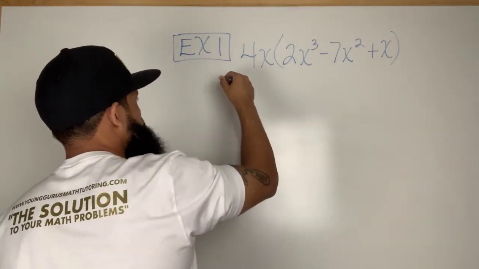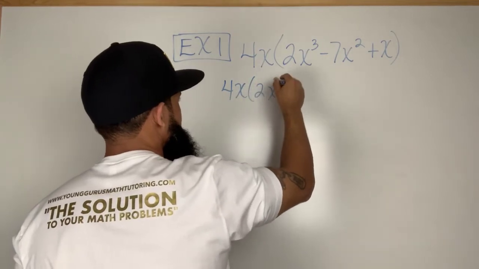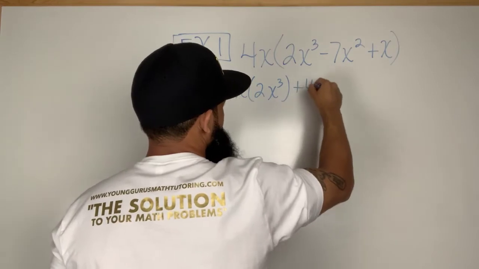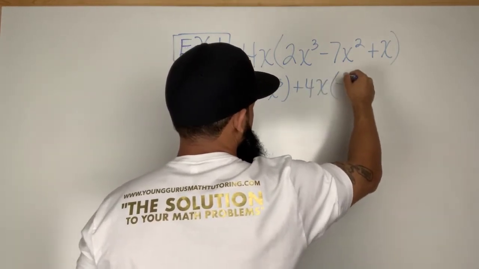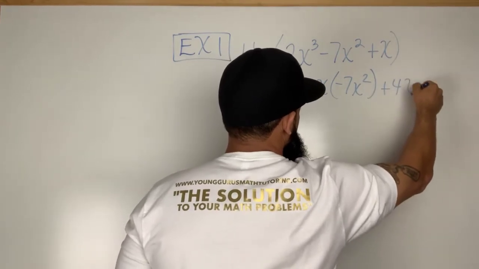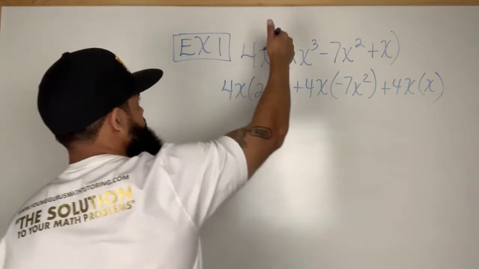So if we write it out, it looks like this: 4x times 2x cubed, plus 4x times negative 7x squared, plus 4x times x.